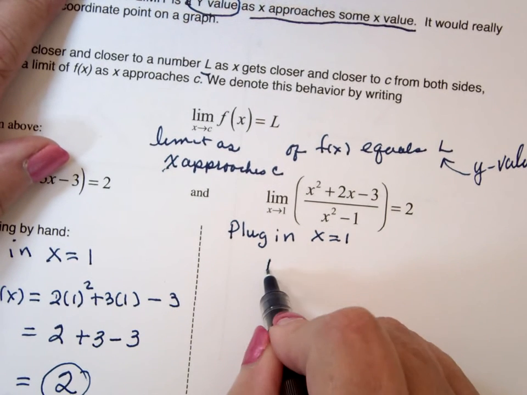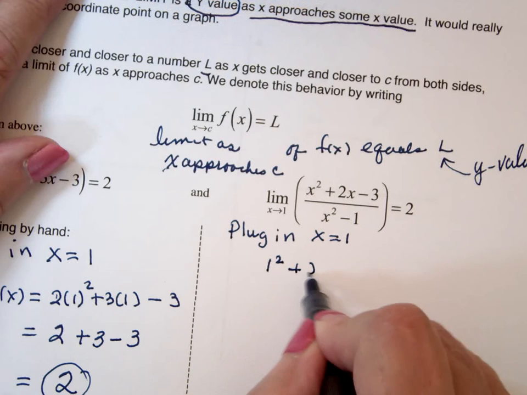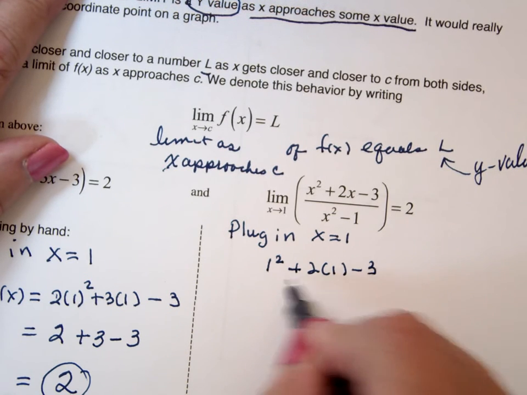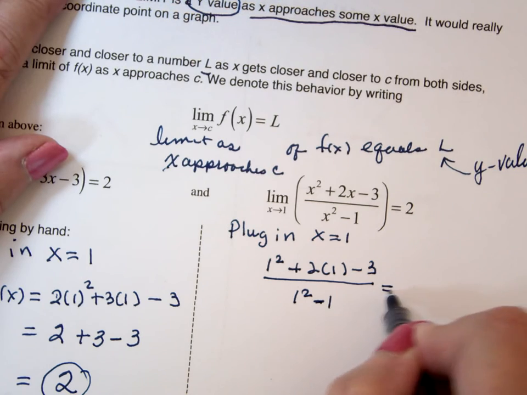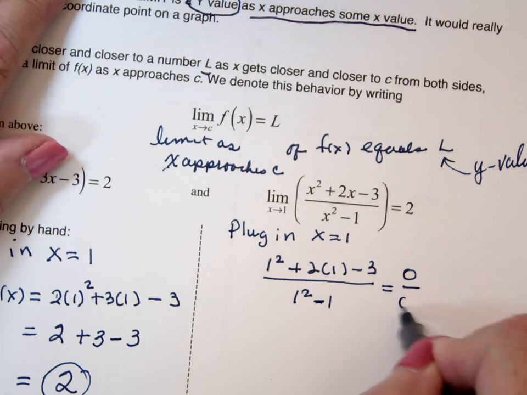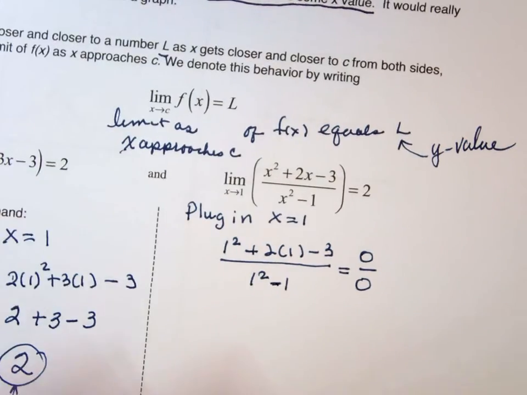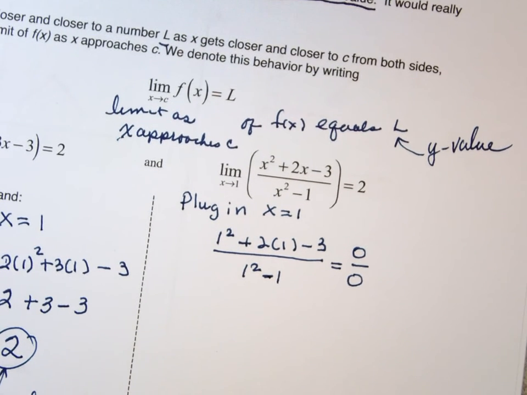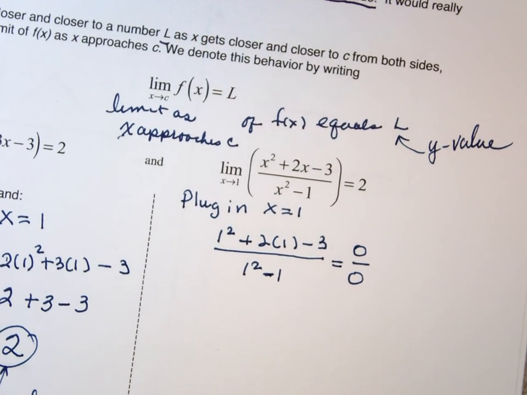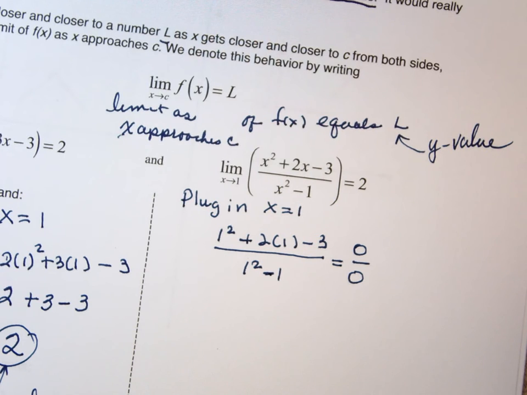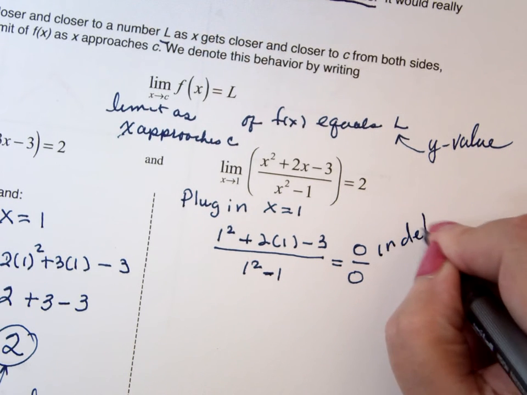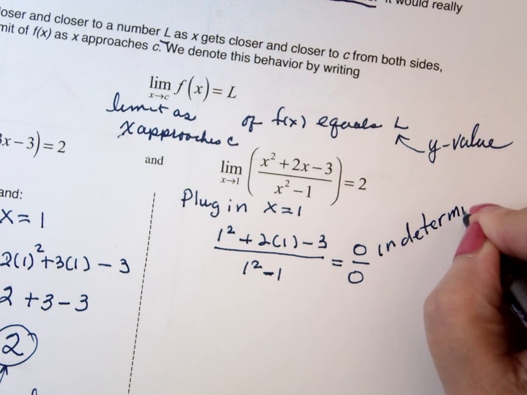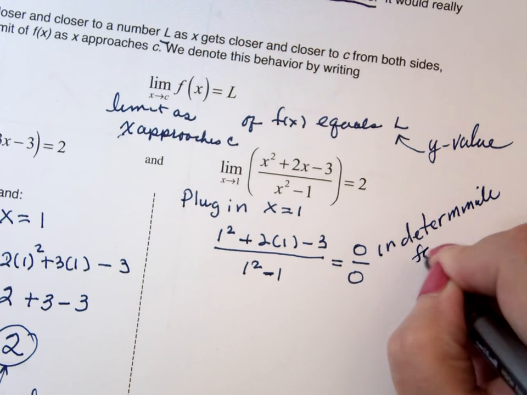So I'm going to get 1 squared plus 2 times 1 minus 3, all over 1 squared minus 1, which is 0 over 0. And 0 over 0 is what? Error, but what we call it is indeterminate form.